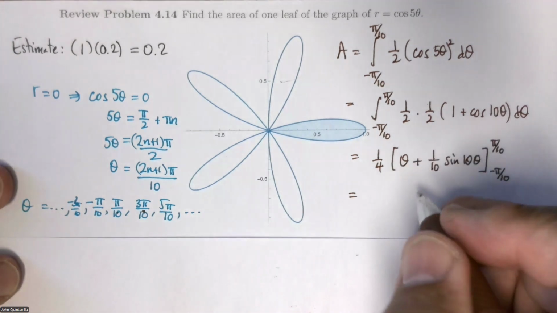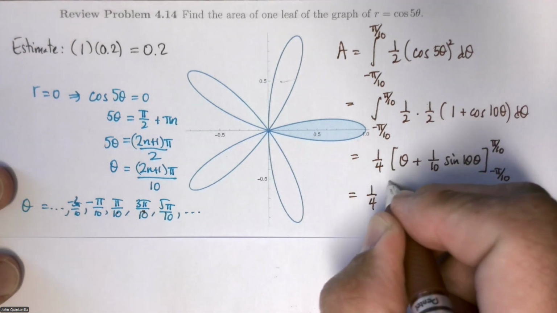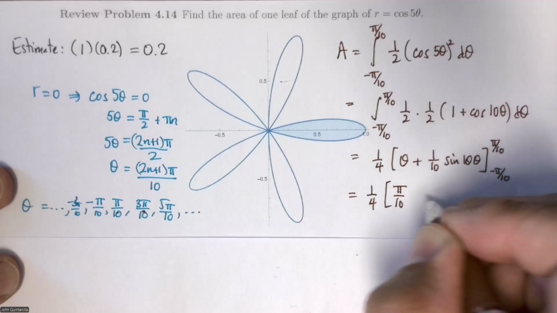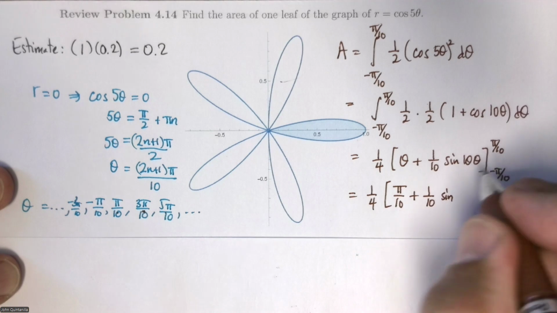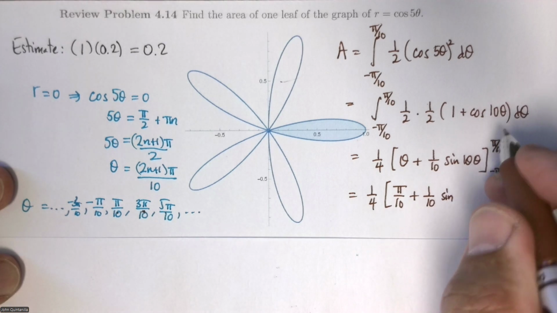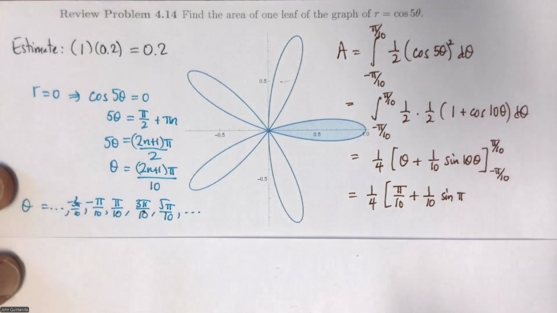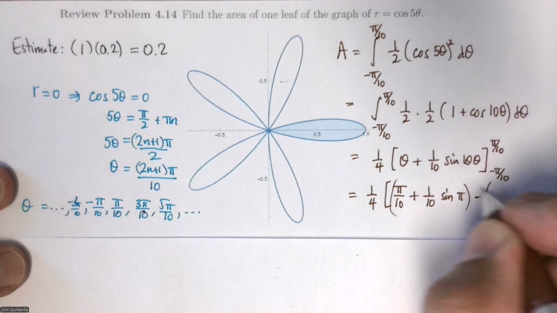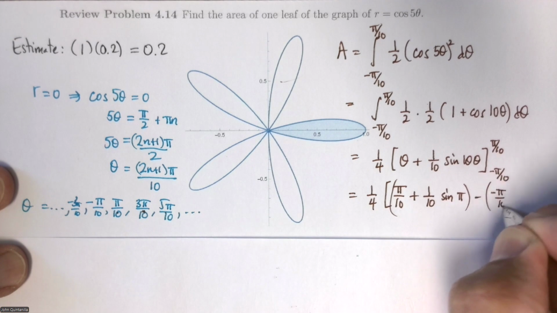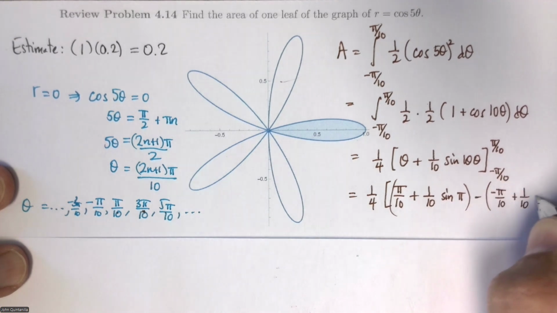Okay, so plugging in, we get 1/4 times pi over 10 plus 1/10 times the sine of pi. That's one option. Minus the other side, we get negative pi over 10 plus 1/10 times the sine of negative pi.